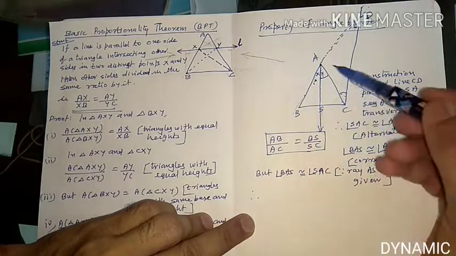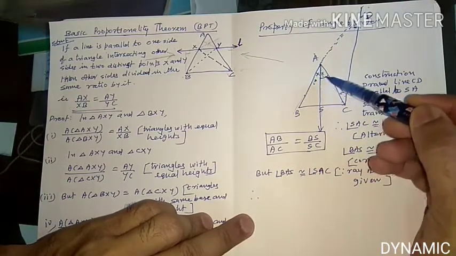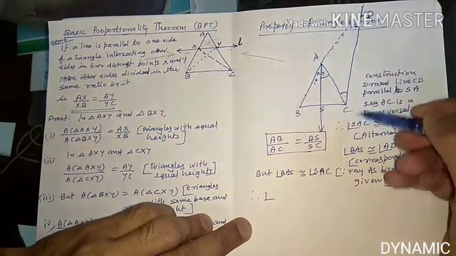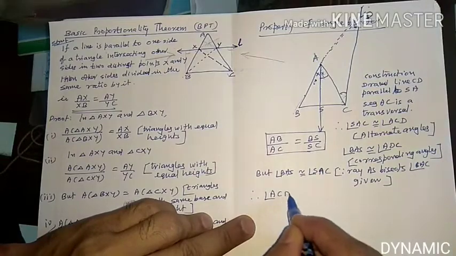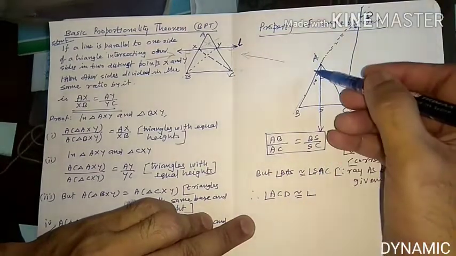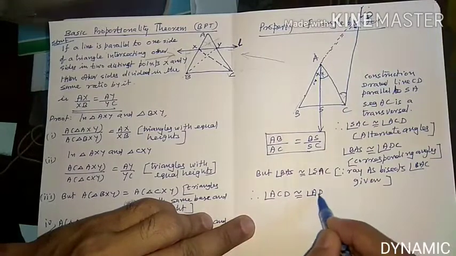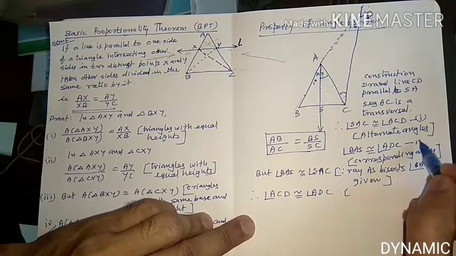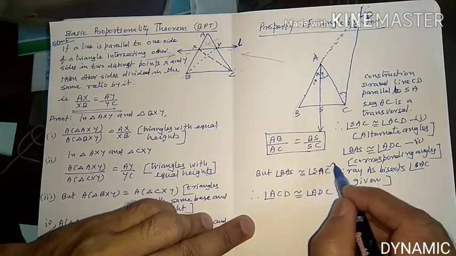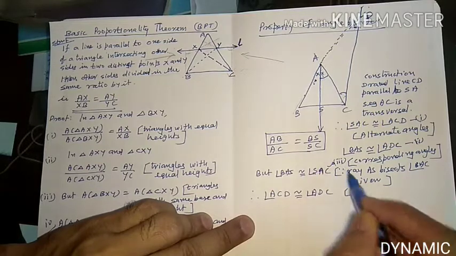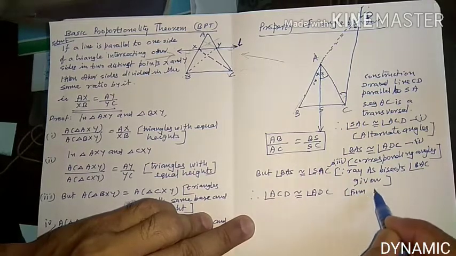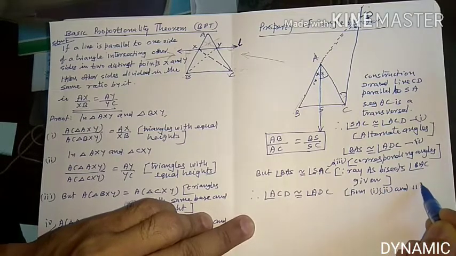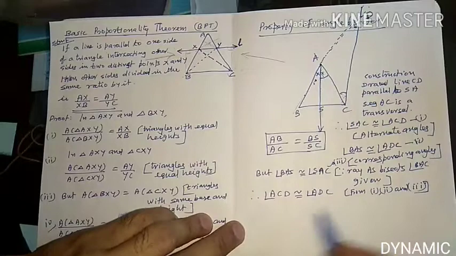Now see what happens. We said these two angles are congruent, corresponding angles are congruent, and these angles are congruent. Therefore, angle ACD is congruent to angle ADC. If we call this 1, this 2 and this 3, from 1, 2 and 3 we are getting this.